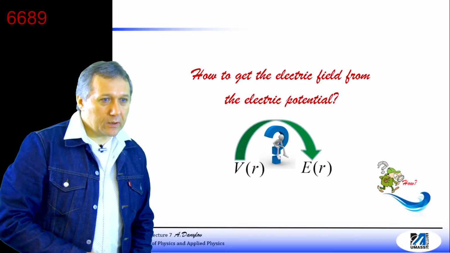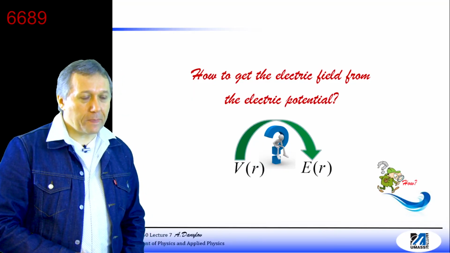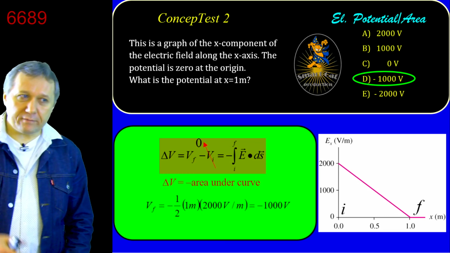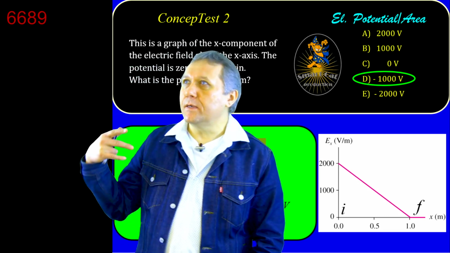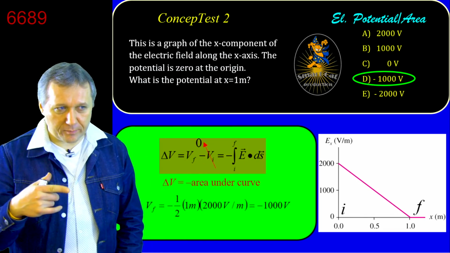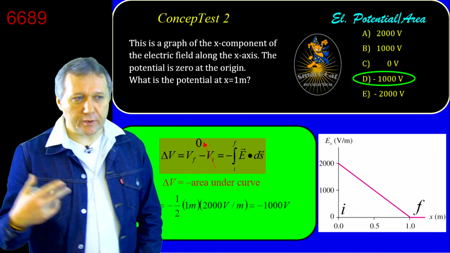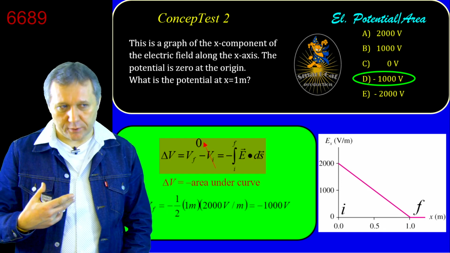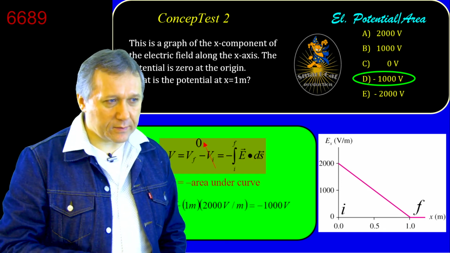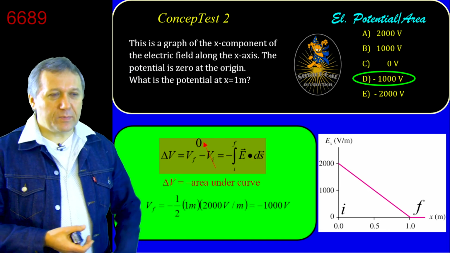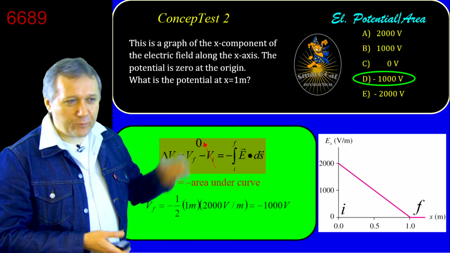Okay, so what have I missed, right? We haven't built the bridge in the opposite direction, how to get the electric field out of the electric potential, but it's very simple. We will do it in our recitation classes on Monday and Tuesday, right? I will tell recitation instructors to cover this. We'll have to use exactly the same formula, right?